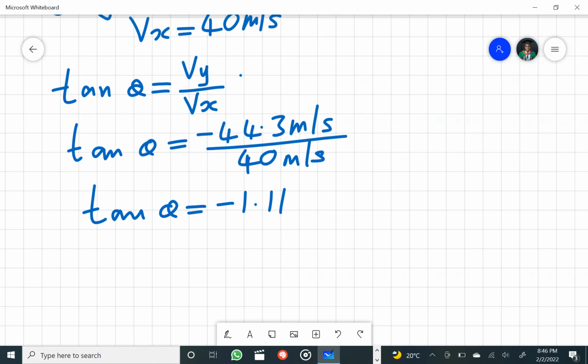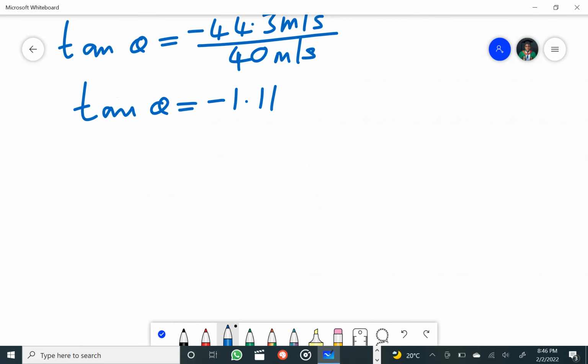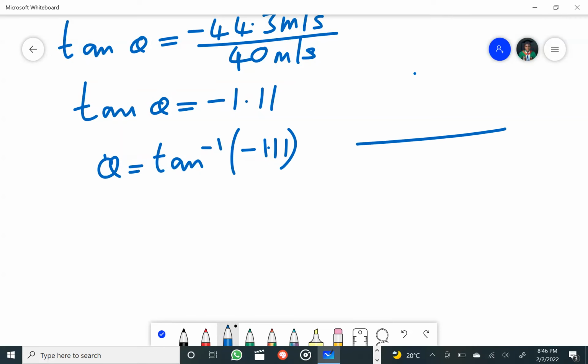Then this is going to be tan inverse. Now this is something I want to take into consideration. With these components, remember we're talking about vectors, right? So we want to know in which quadrant our angle is, because that will help us figure out the magnitude of our angle.